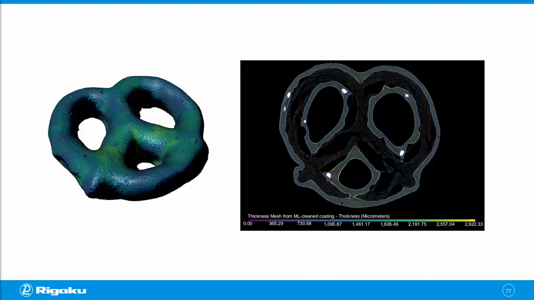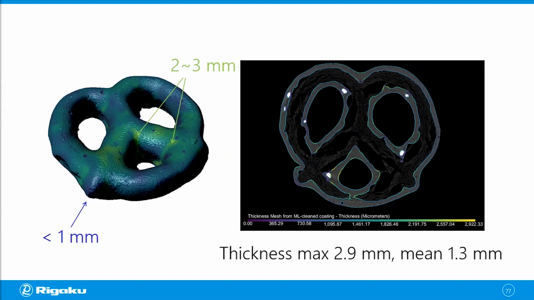So you see some yellow areas around those holes, and they represent 2 to 3 millimeters of a little bit thick coating. And where the pretzel is sticking out, you see blue, that means the coating is thinner. And you can do statistical analysis for overall coating thickness and calculate things like a minimum, maximum, or mean thickness, which was 1.3 millimeter in this case.